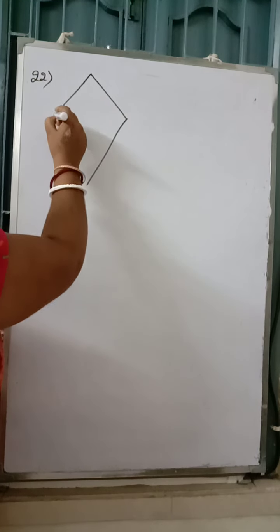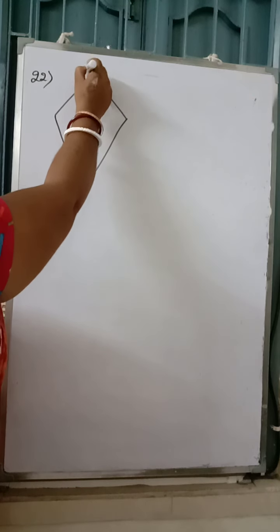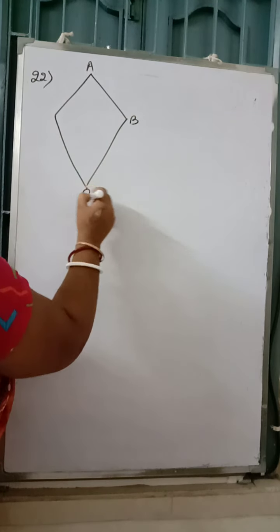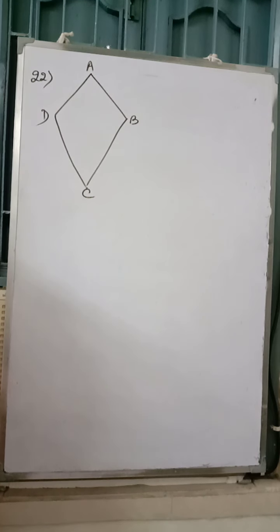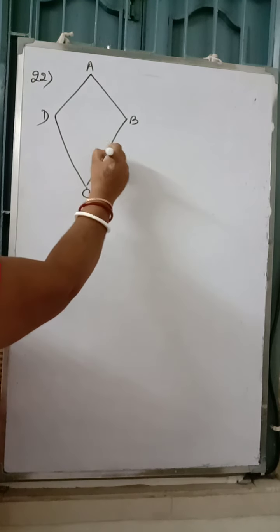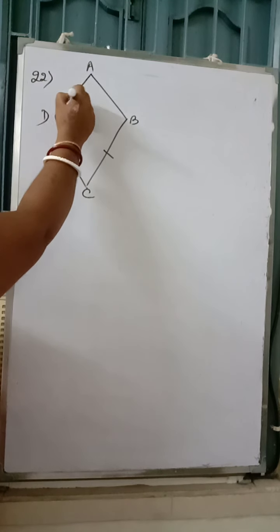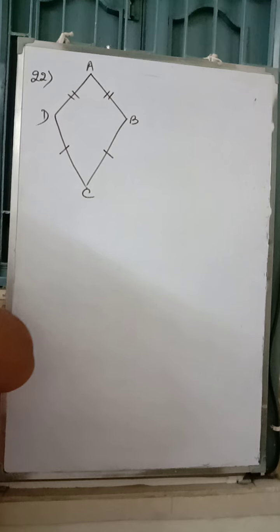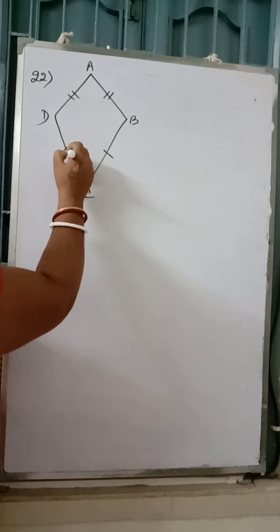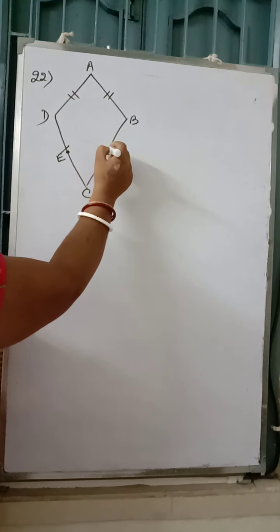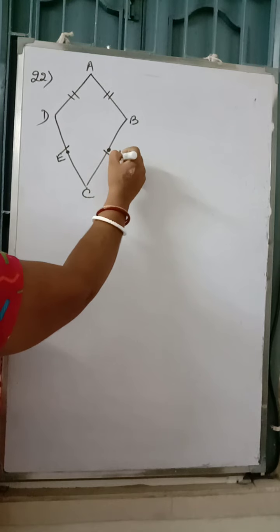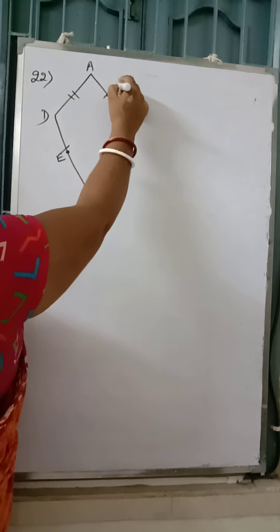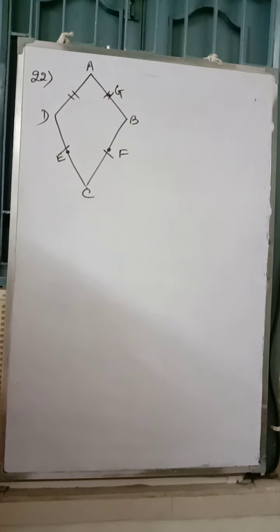ABCD is a kite, in which BC is equal to CD and AB is equal to AD. E is a midpoint of CD, F is a midpoint of BC and G is a midpoint of AB.